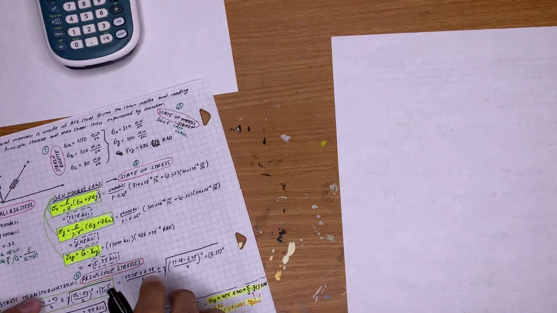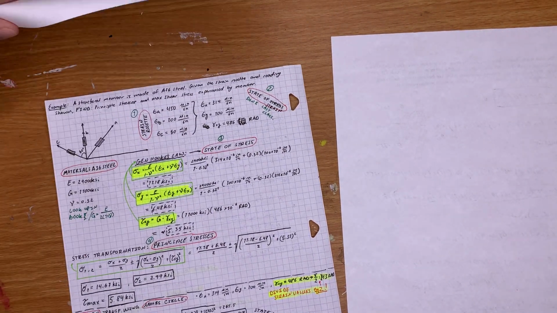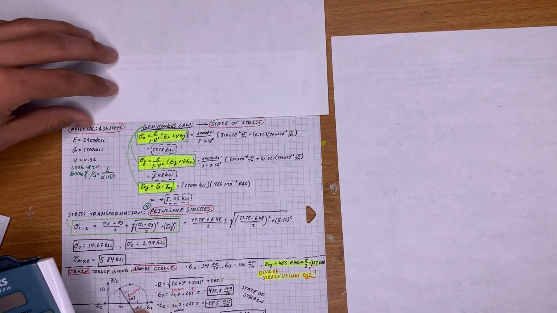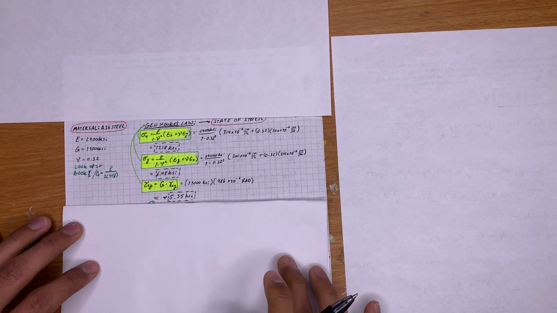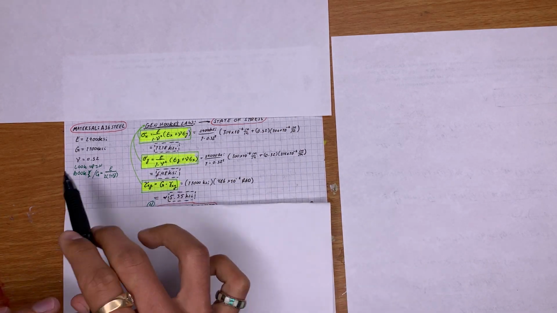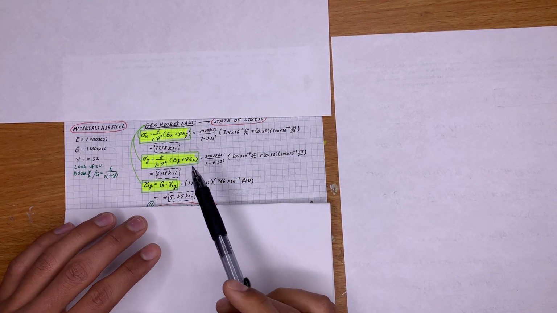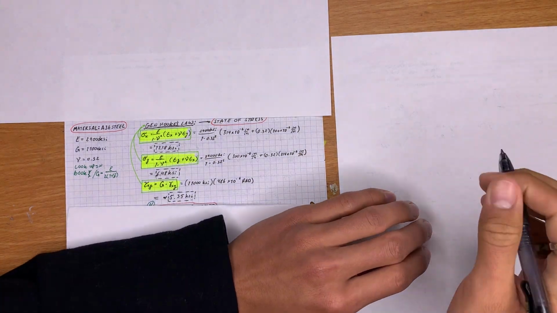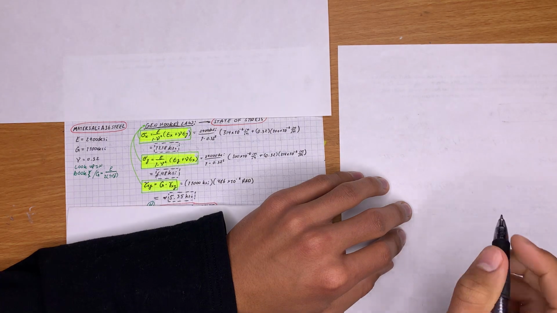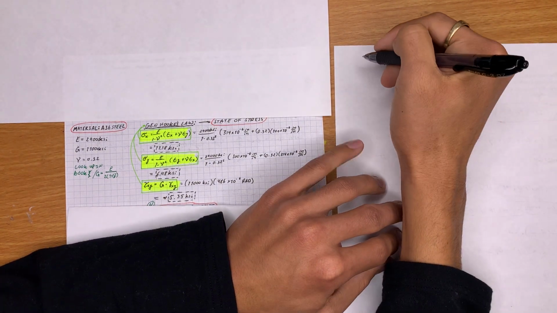That is wrong. Here they are. So disregard the rest of the gibberish around here. Here are our generalized Hooke's law equations, which we can write down over here to have at hand.